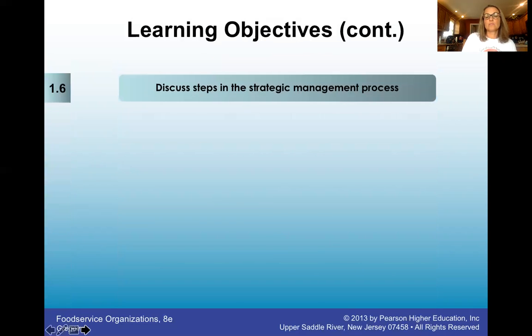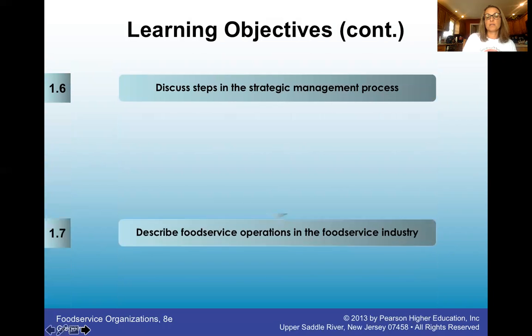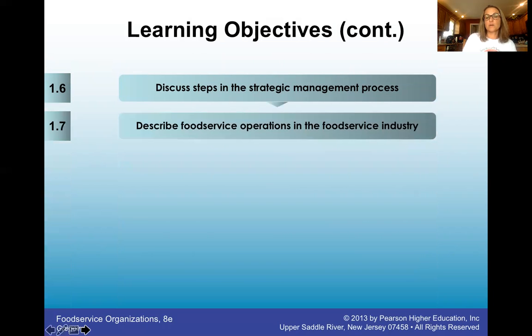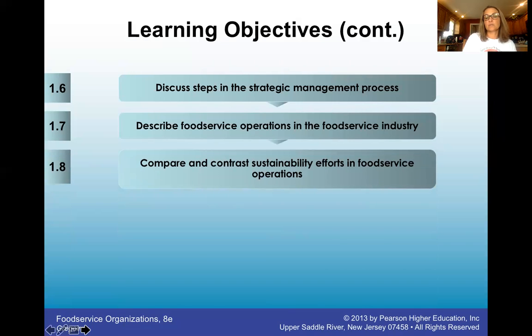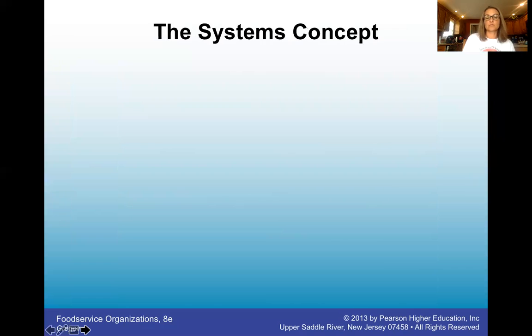Okay, discuss the steps in the strategic management process, describe food service operations in the food service industry, and compare and contrast sustainability efforts in food service operations.